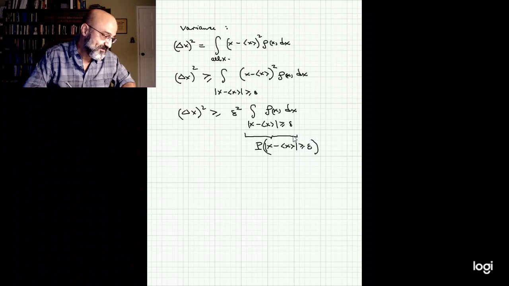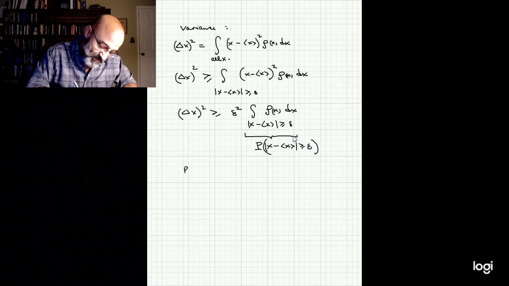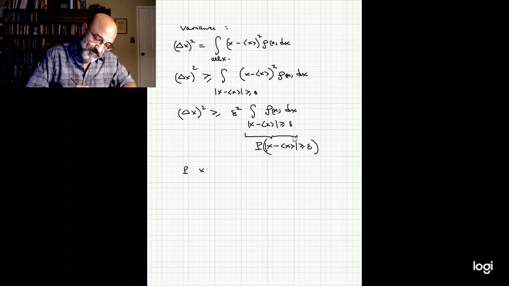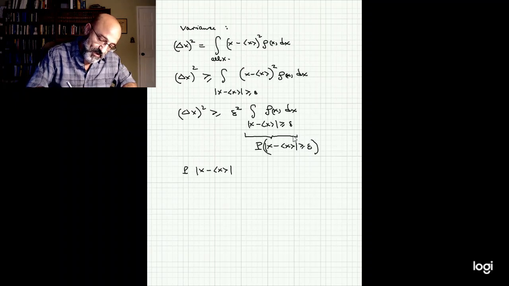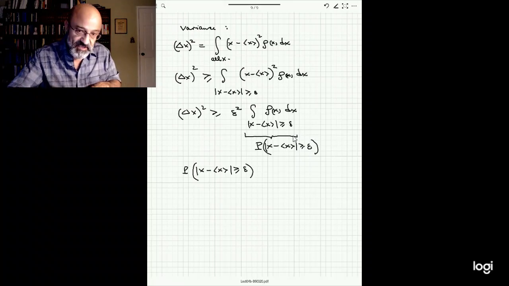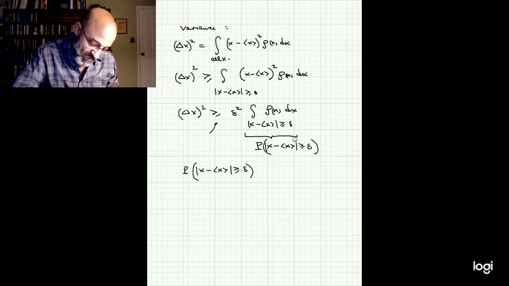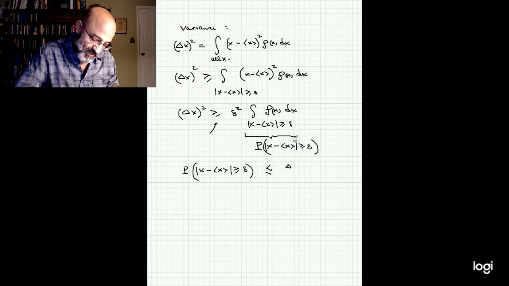So, conclusion: the probability that x differs from the expected value by more than epsilon is less than the variance of x divided by epsilon squared.